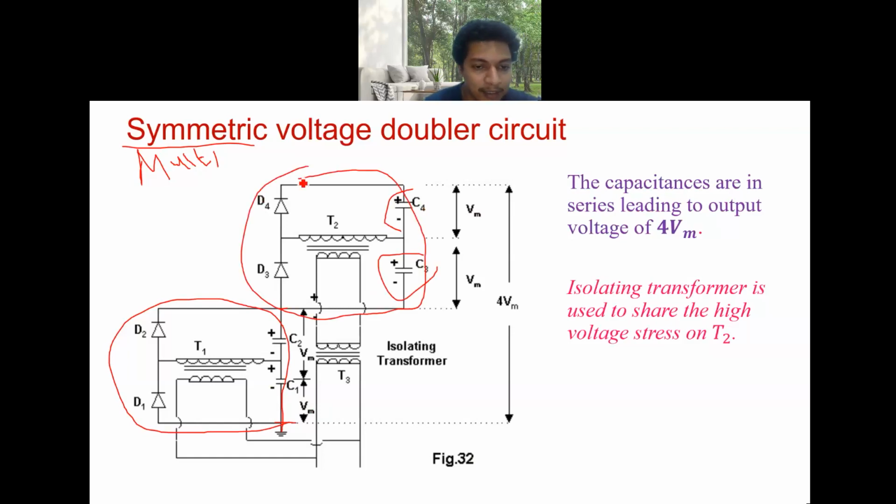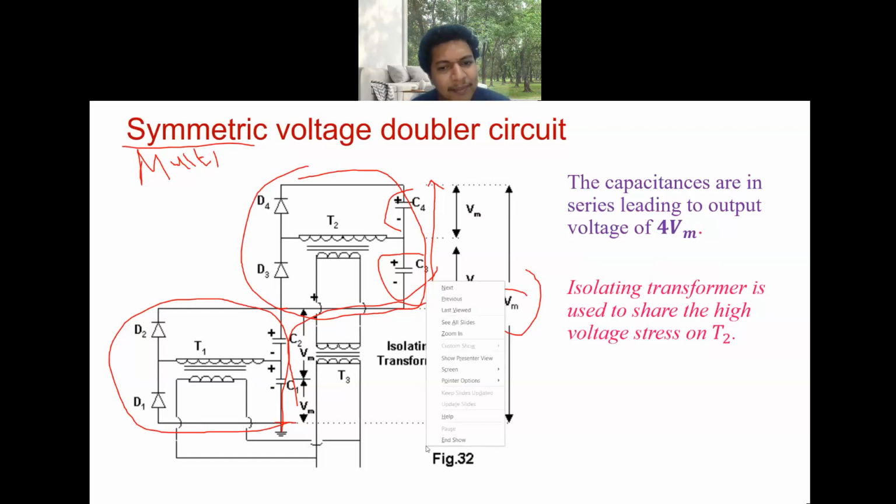By connecting C1, C2 and C3, C4 in series, we are cascading the symmetric voltage doubler circuit in several stages. The problem is how we can give the potential for the next transformer.